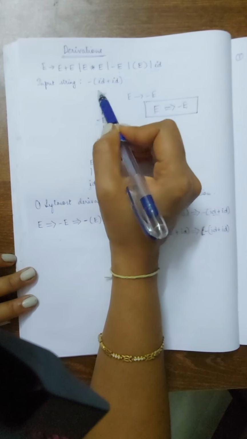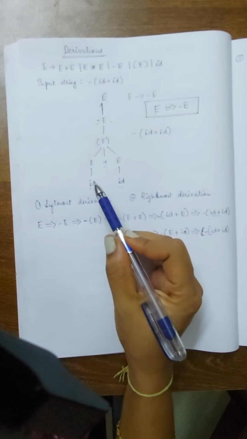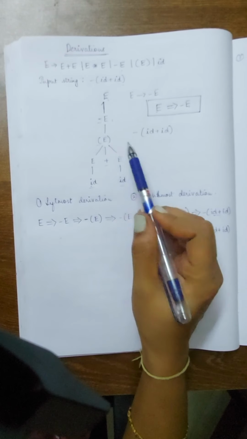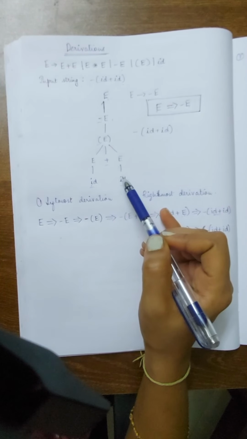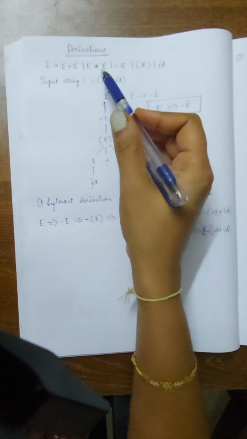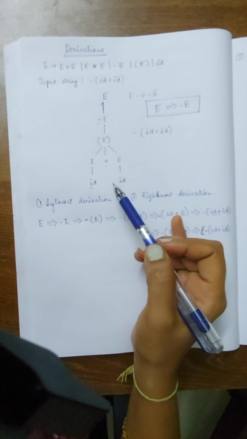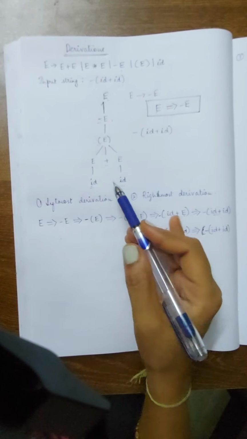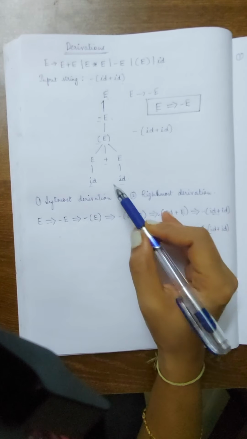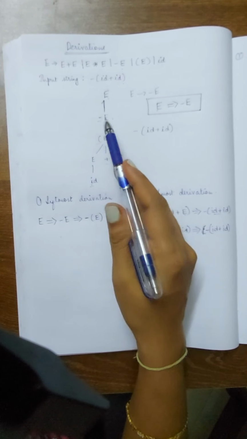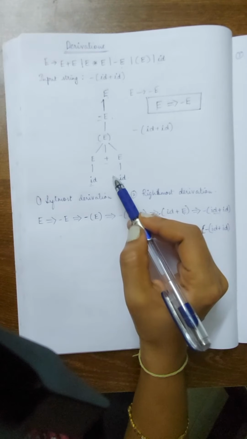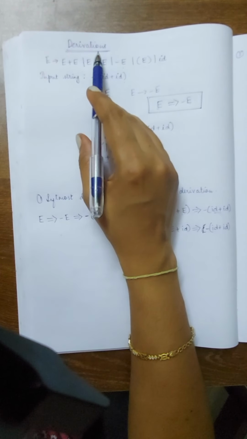So looking into this parse tree, we can say that a parse tree is a graphical representation of the derivation. Alright, so this parse tree can be constructed in a more precise way by using the derivational view.